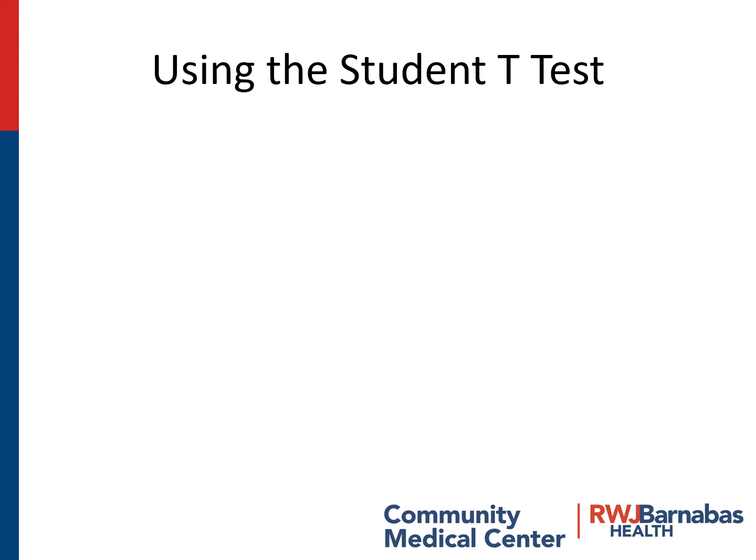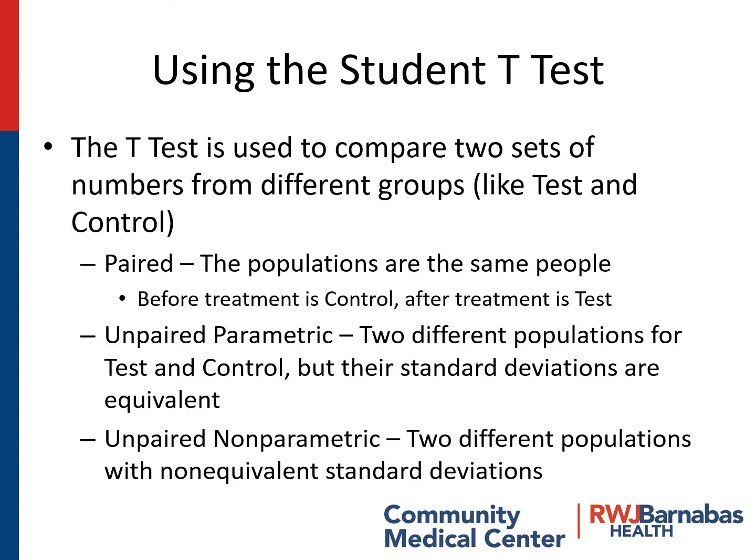You probably heard of it, the student t-test. It's somewhat illustrative in how it works because of the t-statistic, which will give you an understanding of how p-values work essentially. The t-test is used to compare two sets of linear numbers from two different groups, like a test and control.